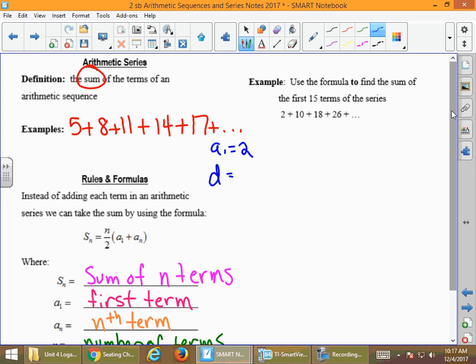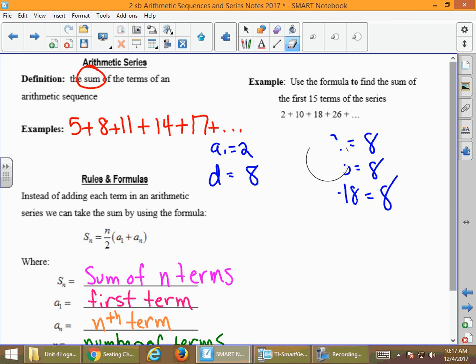The way to find the common difference, especially for people who were absent last class, is we take 10 minus 2 is 8. And 18 minus 10 is 8. And 26 minus 18 is 8. The 8s all have to be the same for us to have a common difference. There's our common difference of 8.